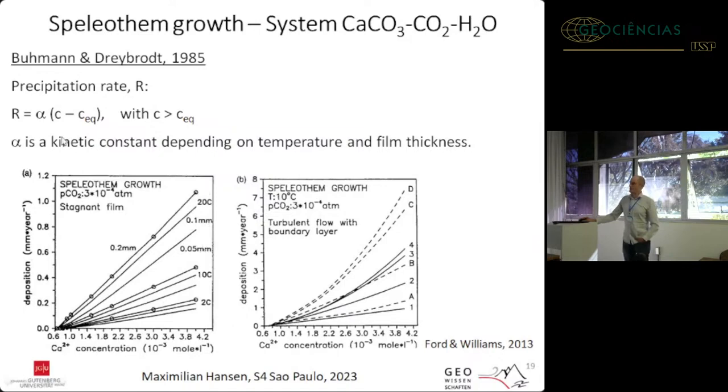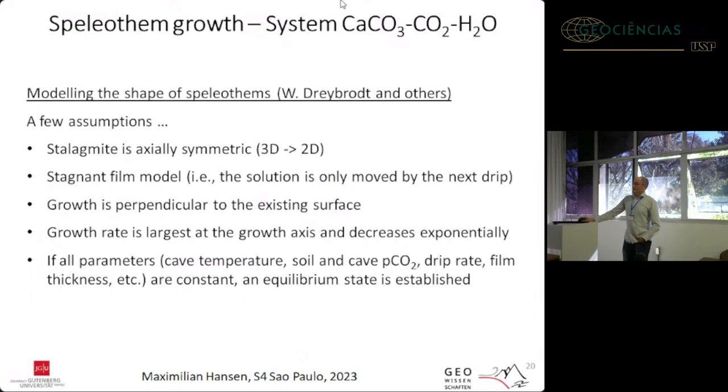But at that point, it is important to know that this kinetic constant, for the case of classic speleothems where you have very thin solution films, is almost independent of the film thickness. For the range which you find, it's only dependent on the temperature and not on the film thickness, because the diffusion is very fast in a thin layer. Okay. So I thought that would be worth mentioning.